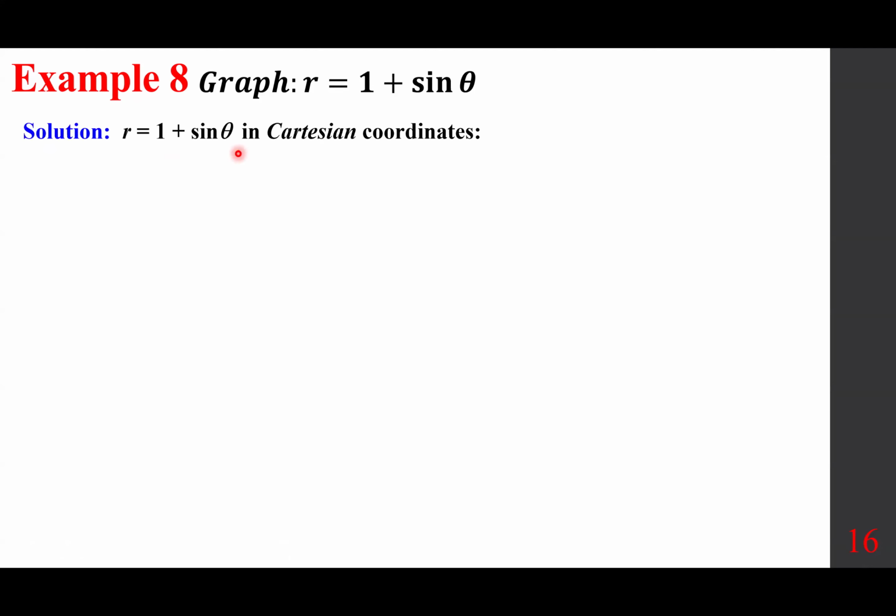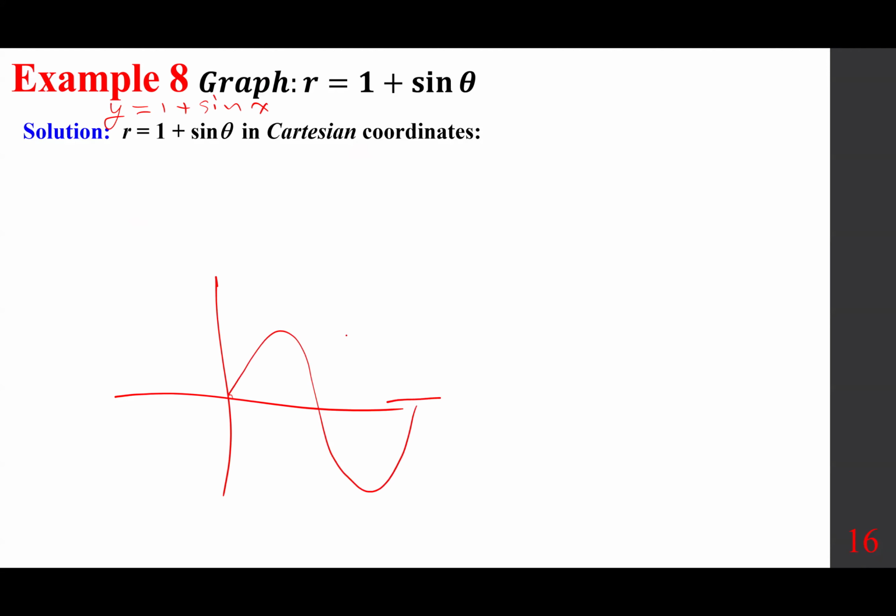r equals 1 plus sine theta in Cartesian coordinates. That means y equals, in essence, you can think of it as y equals 1 plus sine x, or y equals 1 plus sine theta. So everybody knows the graph of sine theta looks like this. This is not to scale, right? So one cycle. This is y equals sine x. Now, plus 1 means shifted up by 1 unit.